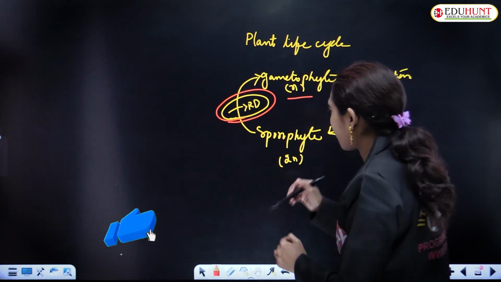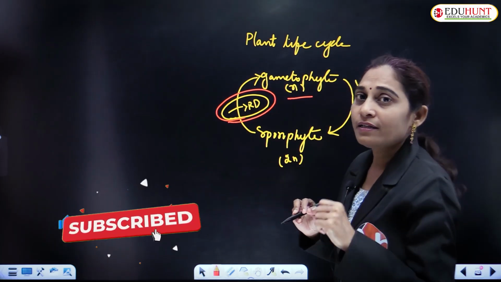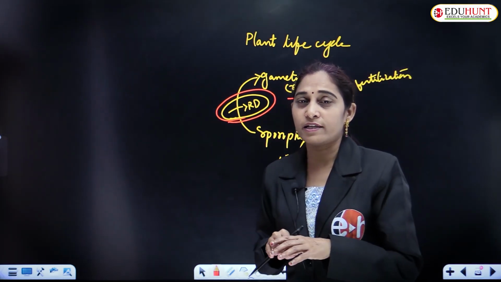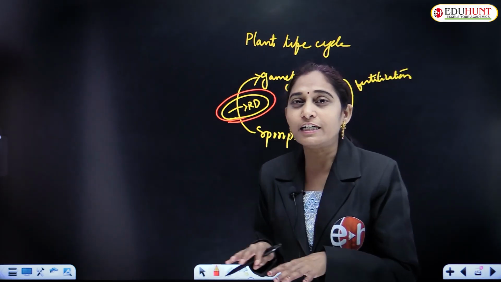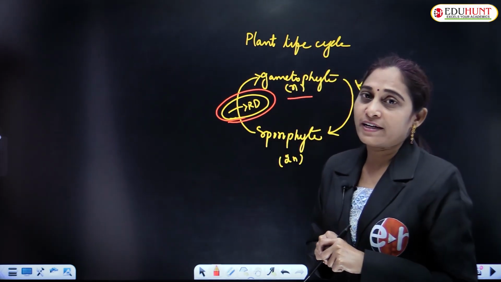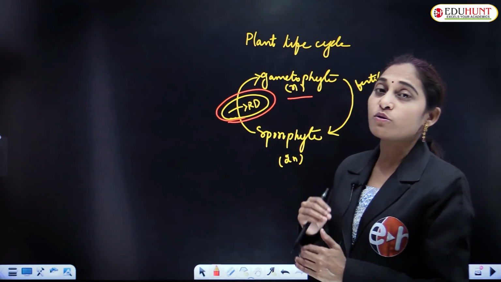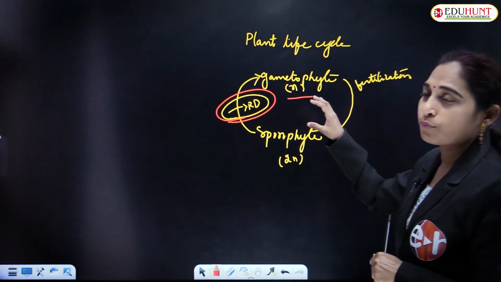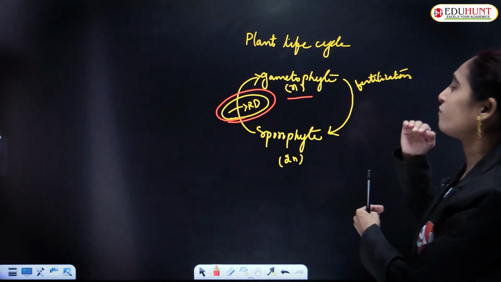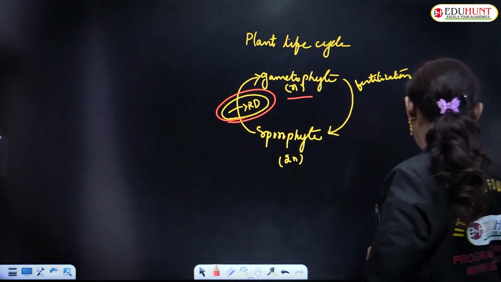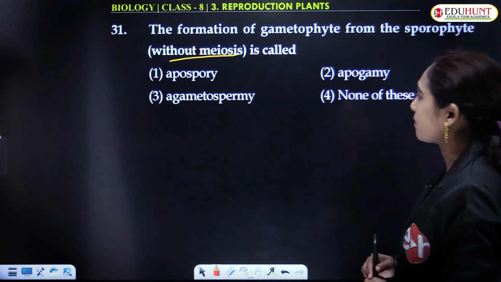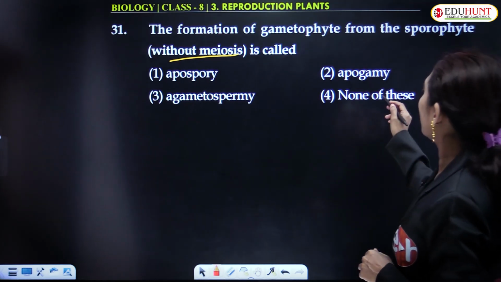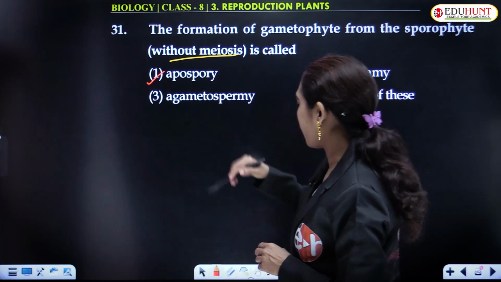But in the question they are mentioning that there is no meiosis occurring in the sporophyte. That is why the gametophyte produced from the sporophyte will be diploid in nature. Actually it should be haploid, but because of no meiotic division, it is diploid. Apospory and apogamy, none of the above. It is apospory.